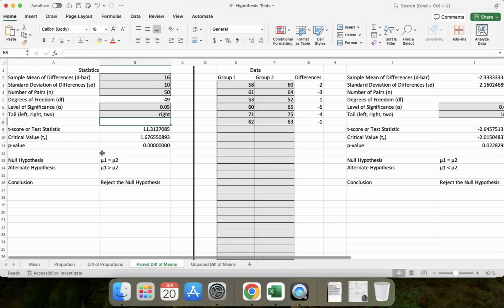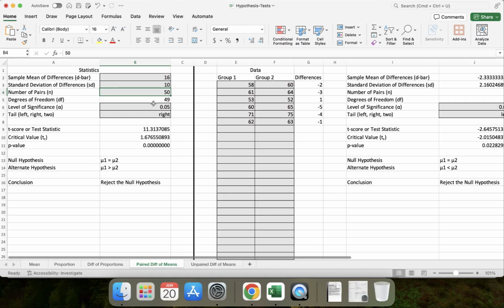Oh, actually, it is significant. I guess because we're looking at the differences, and it is a big sample size, yeah.